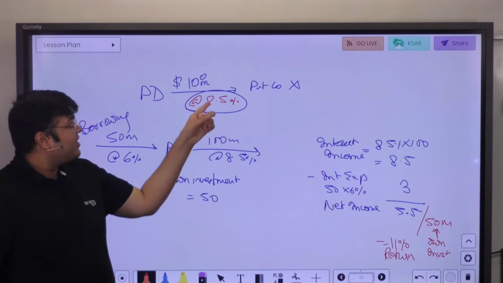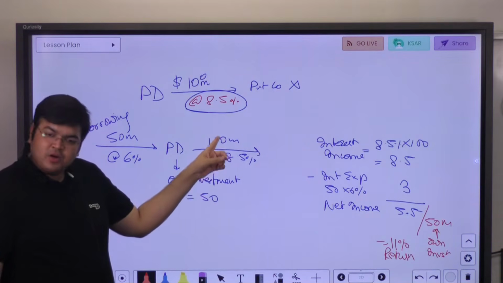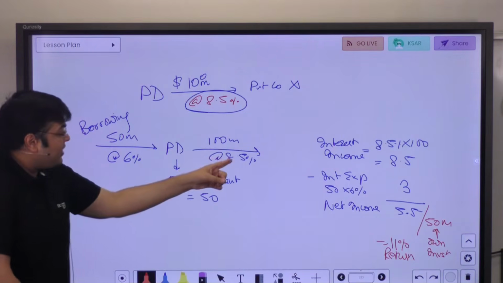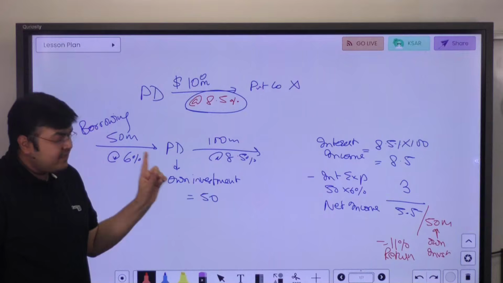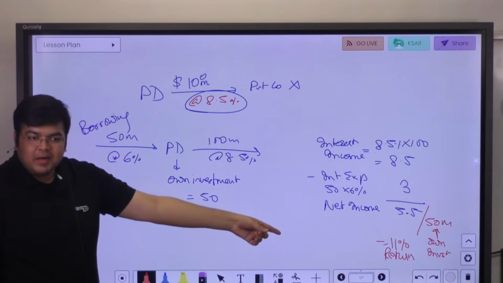Earlier you were earning 8.5% on your capital. Now what is happening? I am earning 8.5% on my $50 million, but on the $50 million that I have borrowed, I am earning an extra 2.5%. That is getting added and giving me an 11% kind of return. I am magnifying my return.